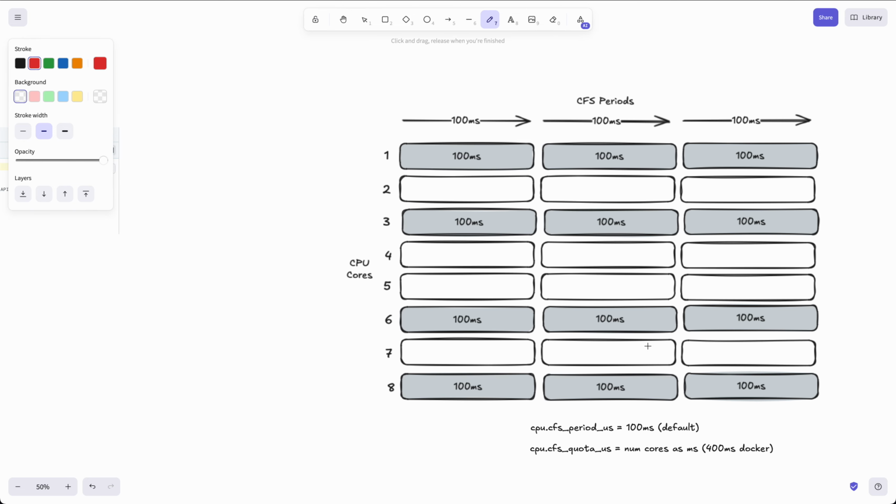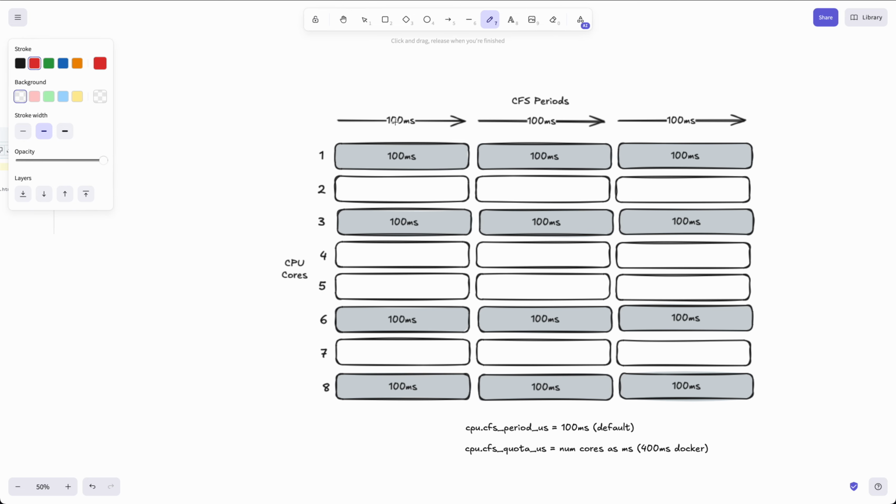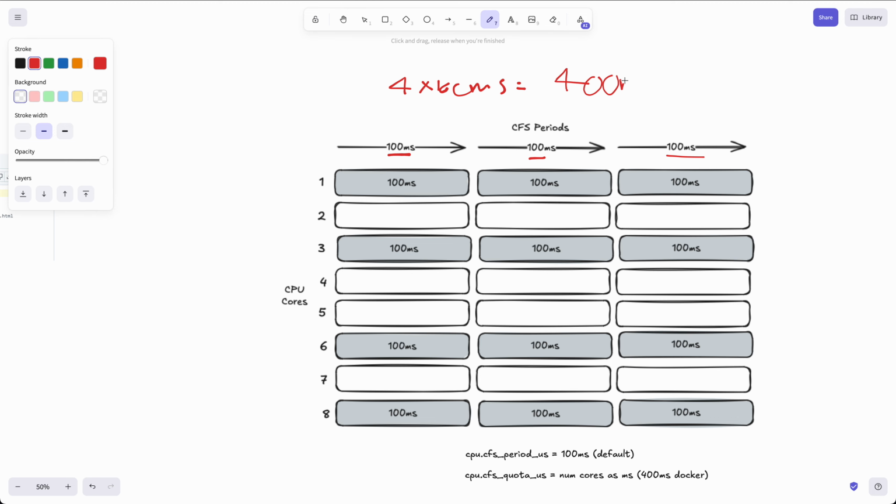So how this looks is the CFS period, which we have here, which is 100 milliseconds. Per 100 millisecond period, we know that our container has 4 cores. 4 cores times 100 milliseconds, excuse my writing, equals 400 milliseconds of CPU time.